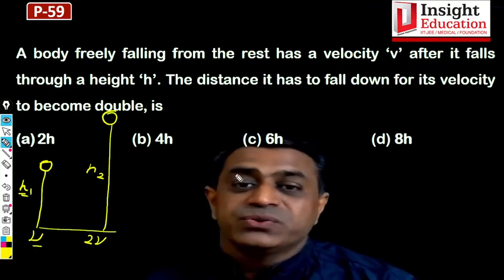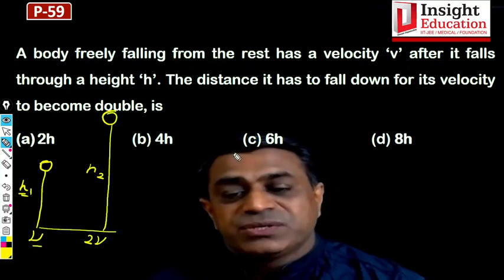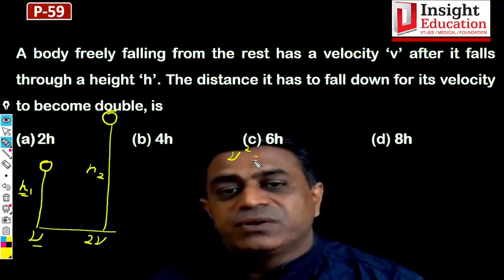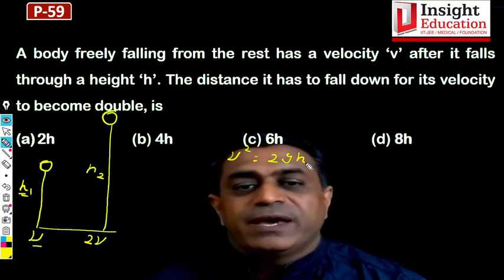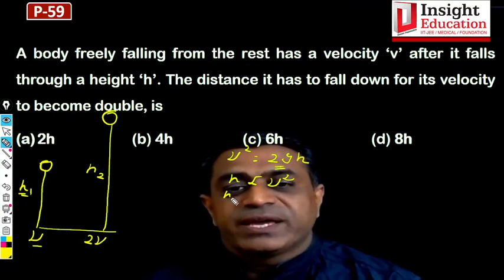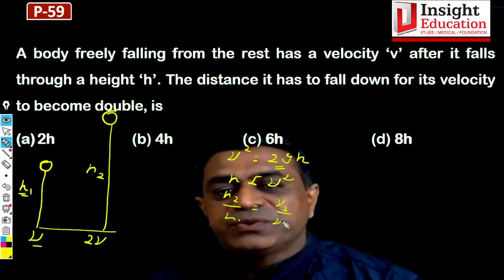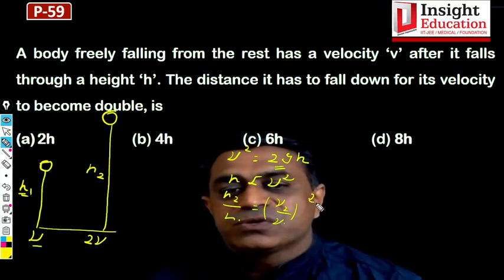For free fall, u is 0, so the equation is v square is equal to 2gh. It means h is proportional to v square, because 2g is constant. So I can write h2 by h1 is equal to v2 by v1 whole square.